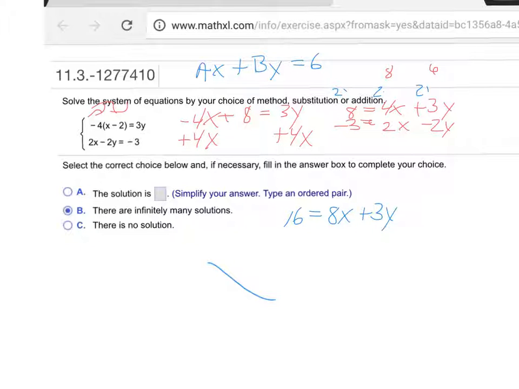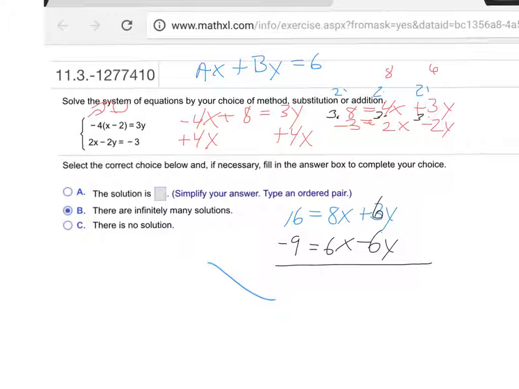I want that y coefficient to be a 6, and it'll be a -6 if I multiply by a +3 then. My new equation is -9 equals 6x minus 6y, and that should be a 6y up here, shouldn't it?